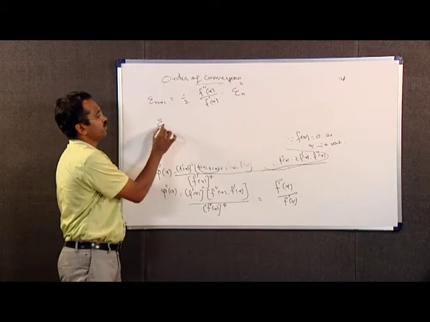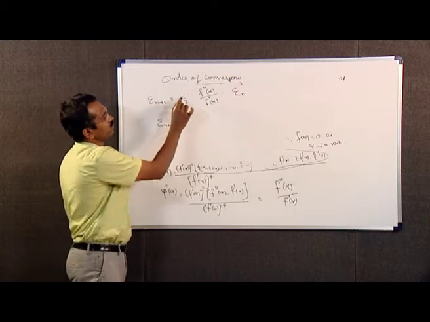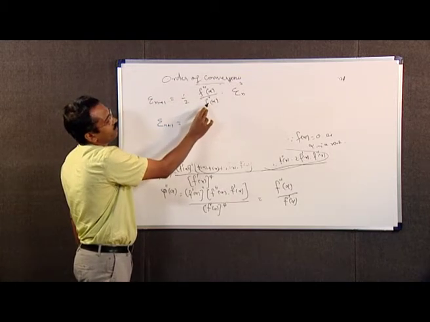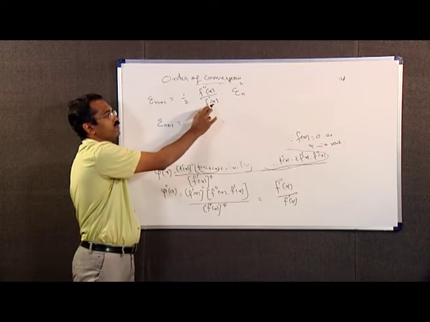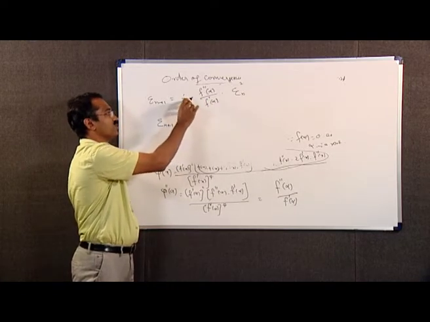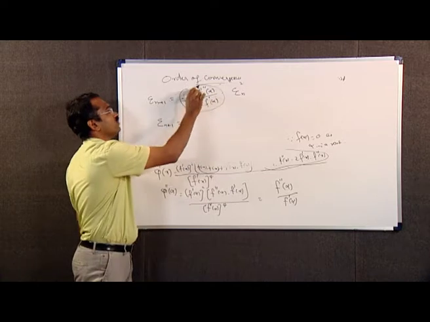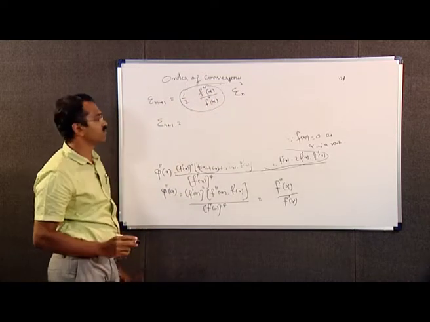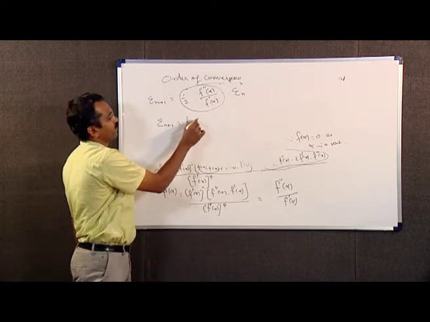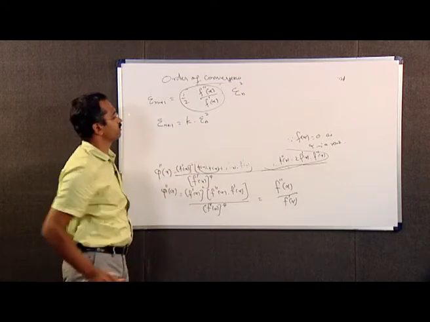That is, epsilon n plus 1 is equal to, f double dash of alpha is a constant, f dash of alpha is a constant, 1 by 2 is a constant. Therefore, this quantity is a constant, let it be k, into epsilon n square.